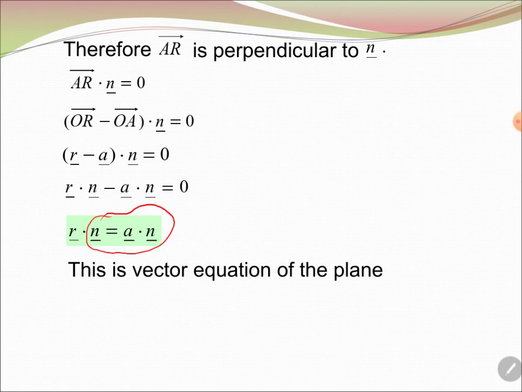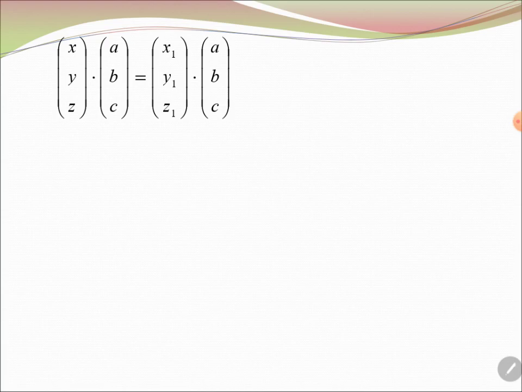We can also rewrite this vector equation in another form. How? We know that R is a vector of x, y, and z, and the normal is a vector of ai plus bj plus ck. So we can rewrite everything as column vectors: x, y, z dot a, b, c equals the fixed point A, which is x1, y1, z1 dot a, b, c.